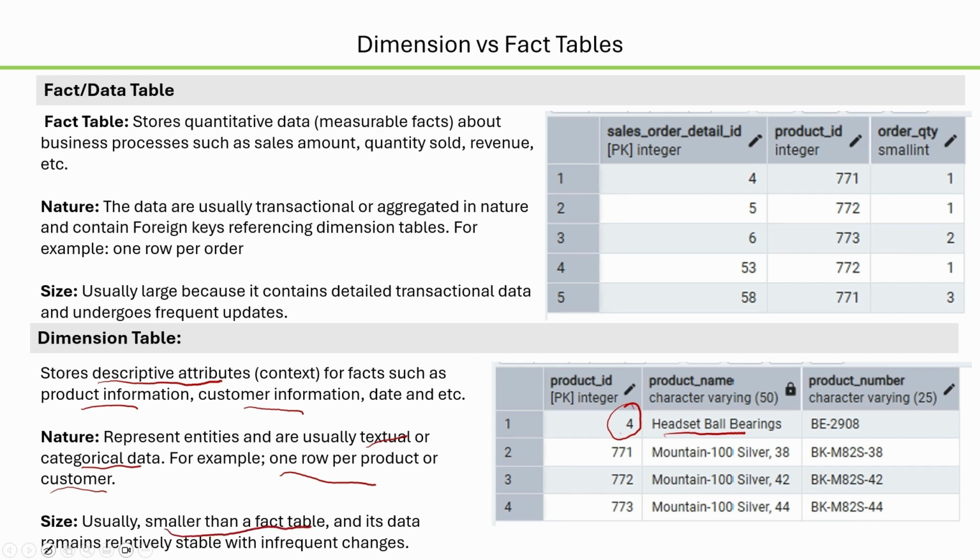For example, customers are not frequently updated compared to transactions, where you can have thousands of transactions in a single day. Those are ways you can use to quickly identify what we mean by dimension tables.